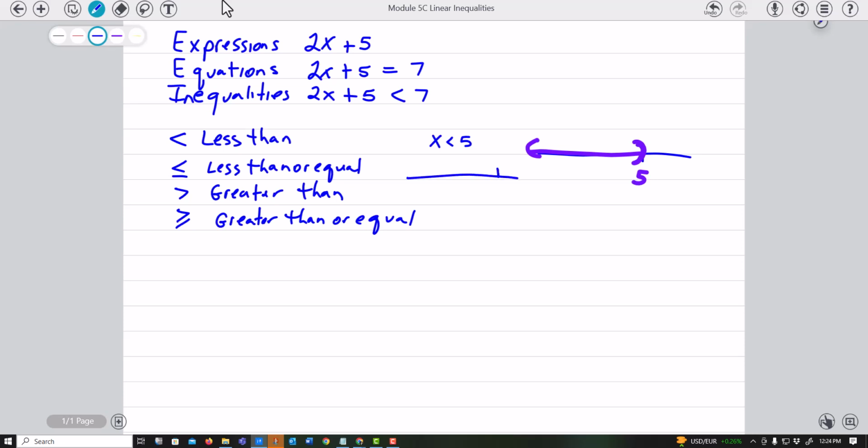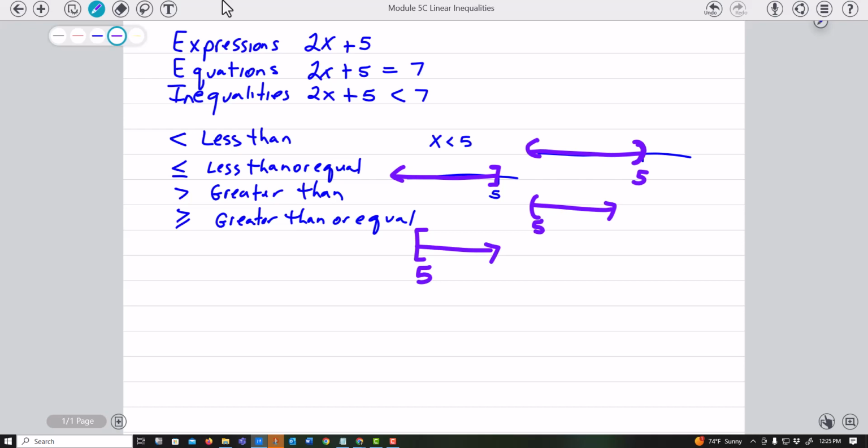If I have less than or equal to 5, now that becomes a square bracket, because the square bracket says it can actually equal 5 or less than. Greater than, of course, would be this way. And then with the greater than or equal, that way.